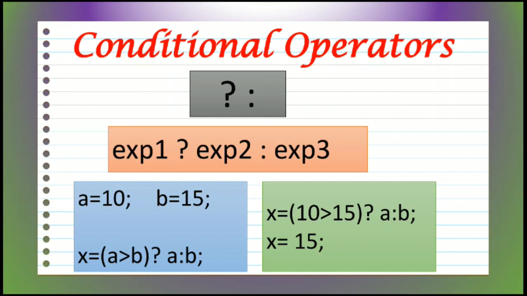That means the third expression will be executed and the value of B will be stored in x. So the value of B is 15. That means the new value of x will be 15.